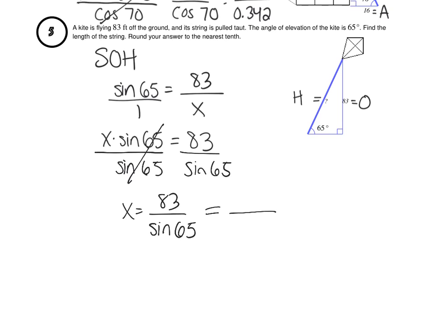We should get about 0.906. Now I'm going to clear my calculator and divide 83 by 0.906. I should get x to be about 91.7, because they want us to round to the nearest tenth.